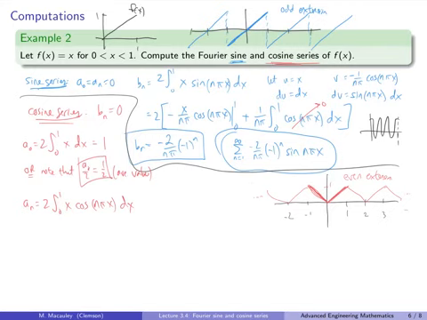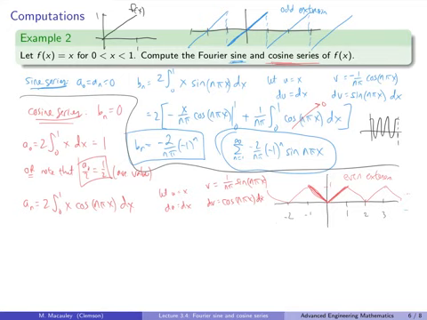Let me get rid of those equal signs because I'm going to say let u be equal to x, du equals dx, and then dv equals cosine of n pi x dx, and v equals 1 over n pi times sine of n pi x.